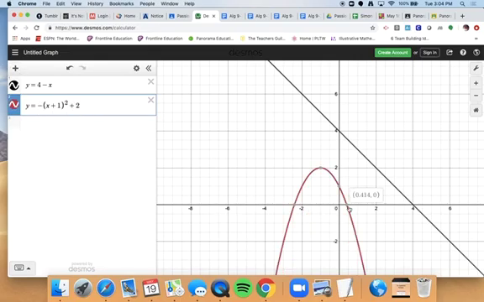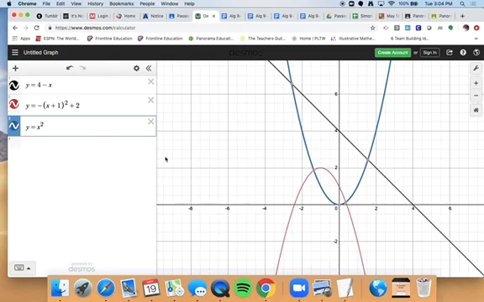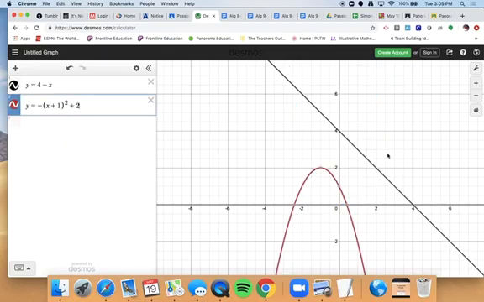So if you take your parent function, y equals x squared, which is the blue one, and then you make it negative, that flips it, and then you change its vertex from 0, 0 to the point negative 1, 2, which I got from here, and that moves it right up there, and that's how you get that red curve there.